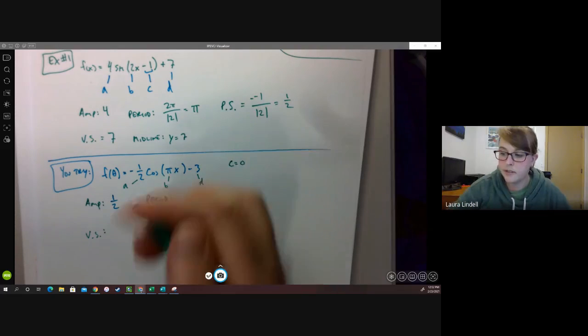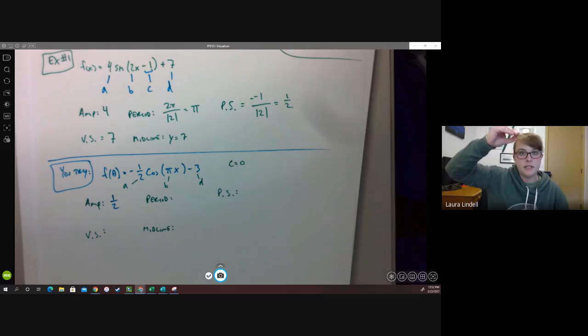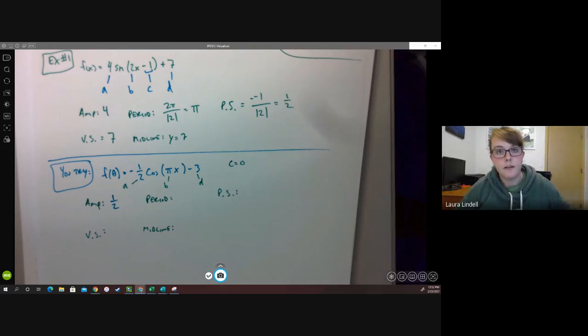So in this case, cosine typically starts up at the top. This cosine would start down at the bottom and then go up and continue its wave. A sine function that's reflected would start still at that midline, but it would go down instead of going up to start. So that's another interesting thing to think about. Anyway, yes, you guys got it.